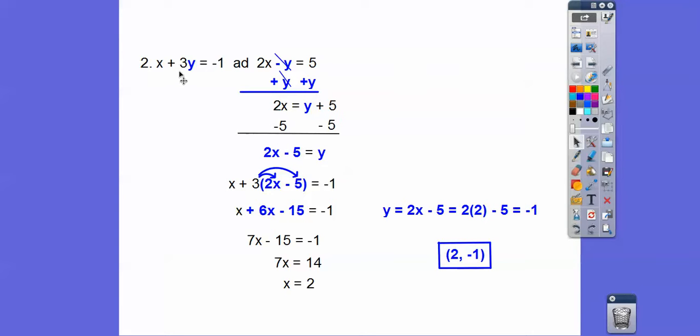We could solve for x right here, but you would have had the negative 3y minus 1, and the kids get lost with the negatives, so I like dealing with positive stuff. So I solved for y on this one and plugged that in for the y in the second equation. You could have solved for x and plugged it in for that x. You should get the same thing as long as you're careful. So you get x equals 2 and then y equals negative 1.